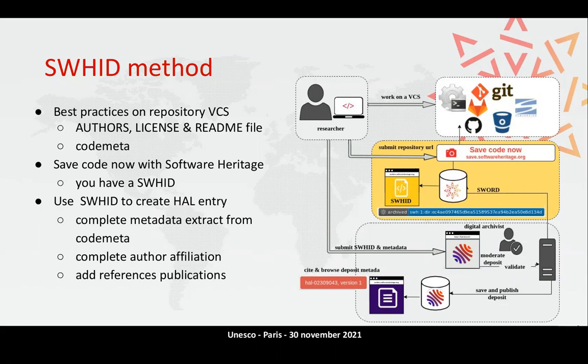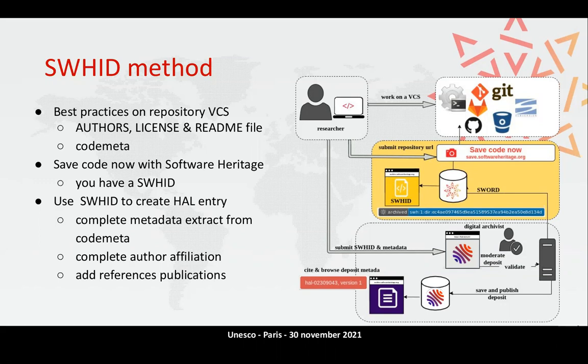With this SWHID, you go to HAL, you put in the SWHID, and then Yannick is the magician: part of the metadata fields are filled in from the repository and the SWHID, so you only have to complete the metadata in the form, and then you submit to HAL.